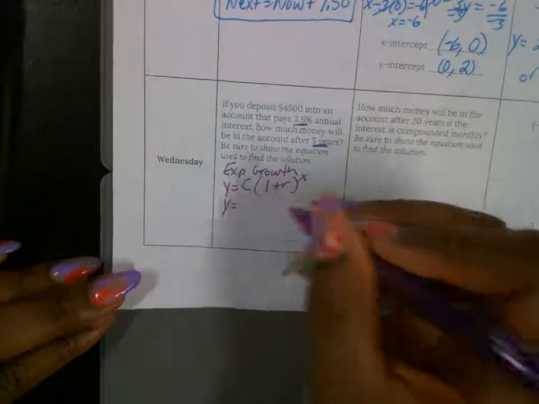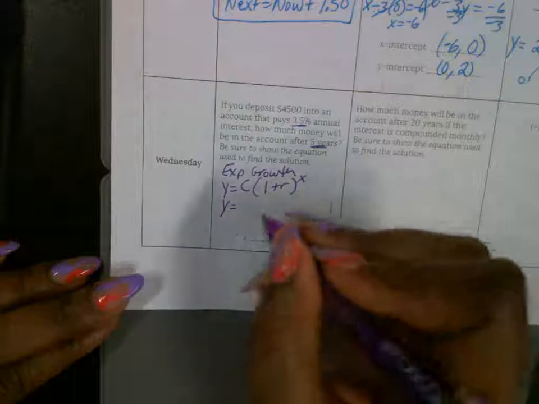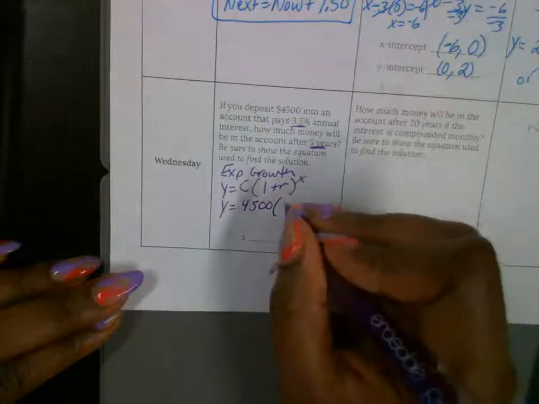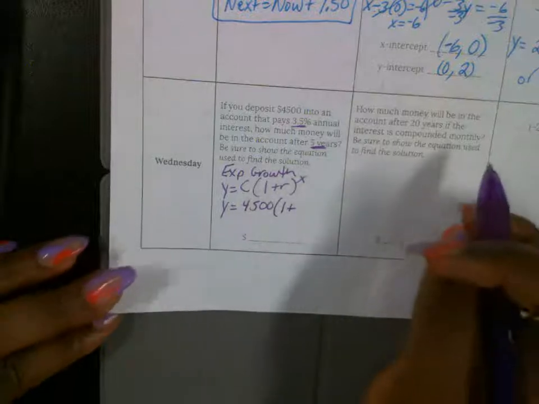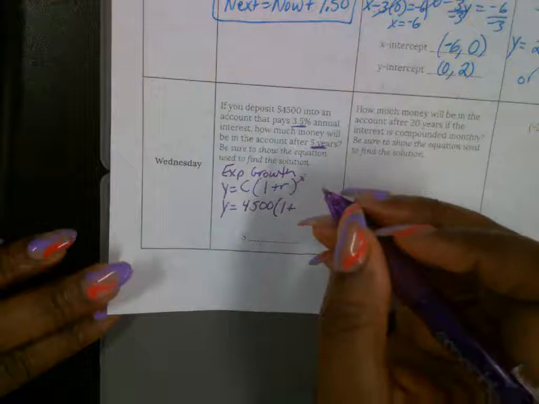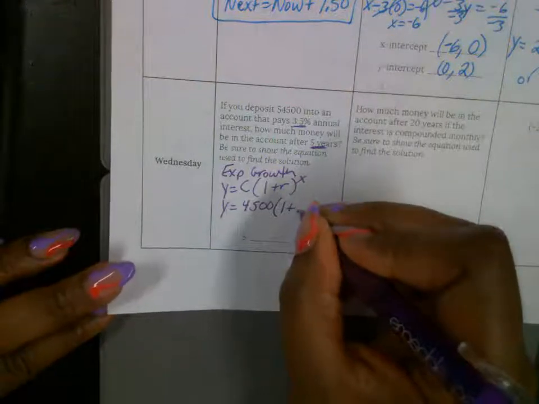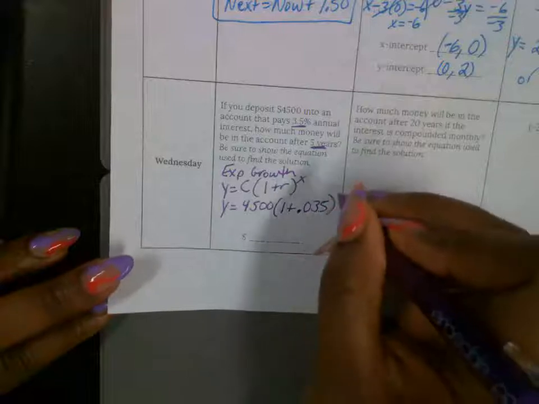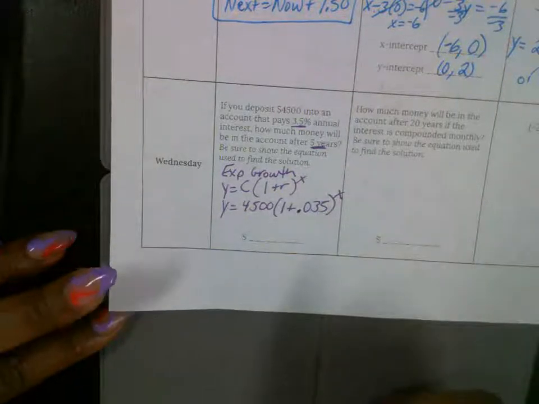All right, so what are we going to write for C? 4,500. Great job. 1 plus, what do we write for R, Josiah? 0.035. Good. You changed the percent to a decimal, to the X power. Any questions?